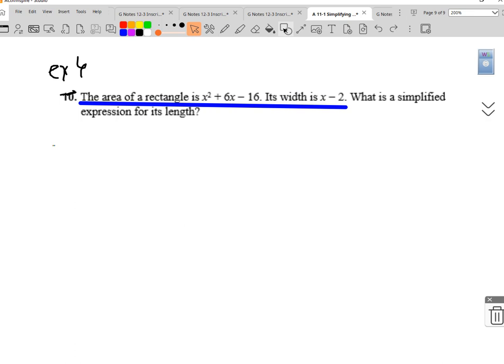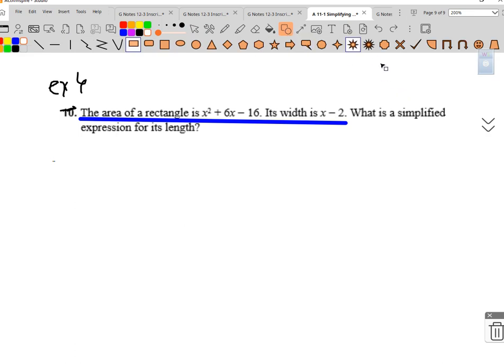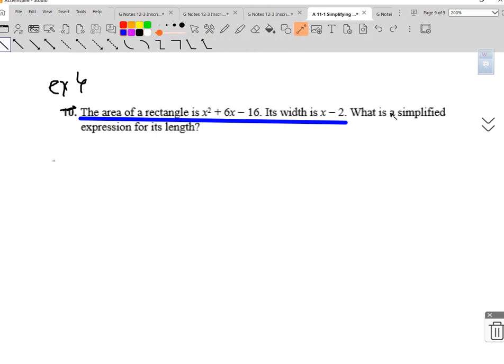And we're going to say, what is the length? What is its length?